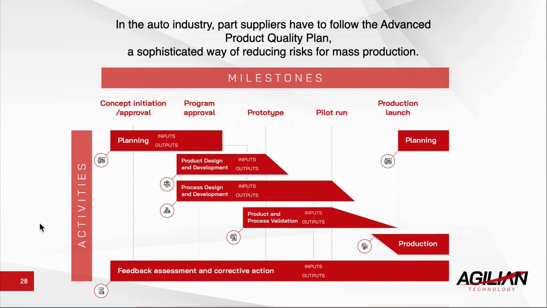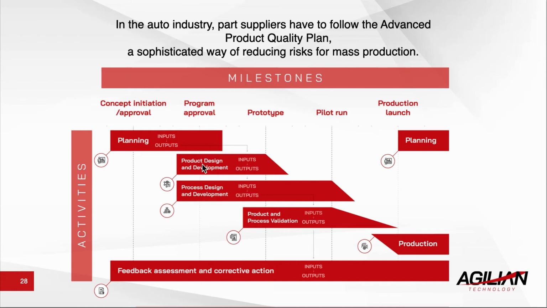So this comes from the automotive industry, the APQP they call it. Very, very sophisticated approach, very good, proven approach, but it's typically for very high volume parts that have to be high quality. This might not be your situation. However, there are a few key takeaways here that are really, really important.